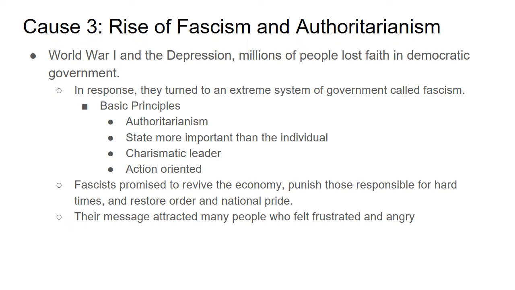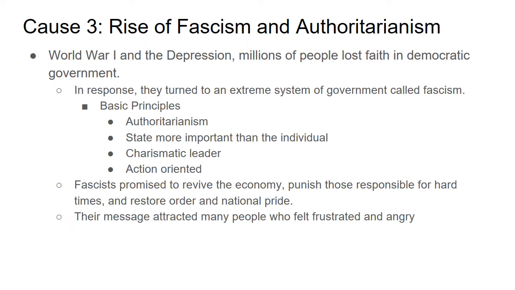So fascism has a couple of basic principles. One is authoritarianism. There's usually a strong government that is capable of telling its citizens what to do, and the citizens are not expected to question that. The government is supposed to have authority over pretty much every aspect of citizens' lives.